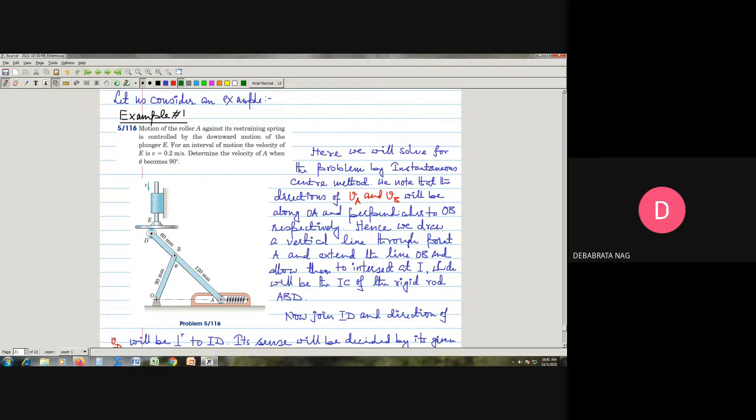For an interval of motion, the velocity of the point E, that means this plunger's velocity, is in the downward direction.